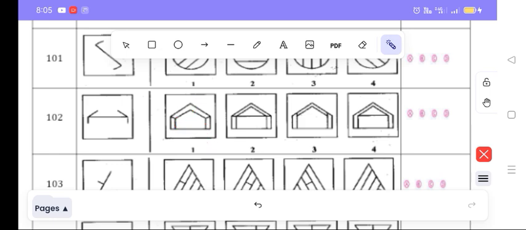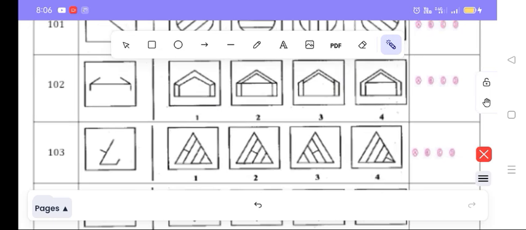In B, horizontal line, vertical lines at the end, and two small slant lines are also present. In C, this horizontal line is missing. In D also, the horizontal line is there, but it is taken inside the pentagon, so the size will be very small. That's why you cannot choose D as the answer. So the answer for 102 is option B.